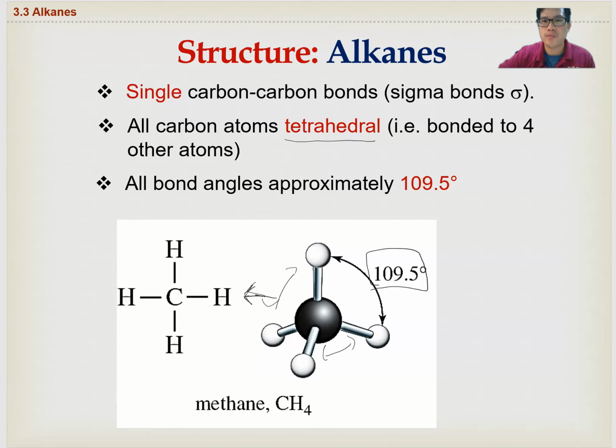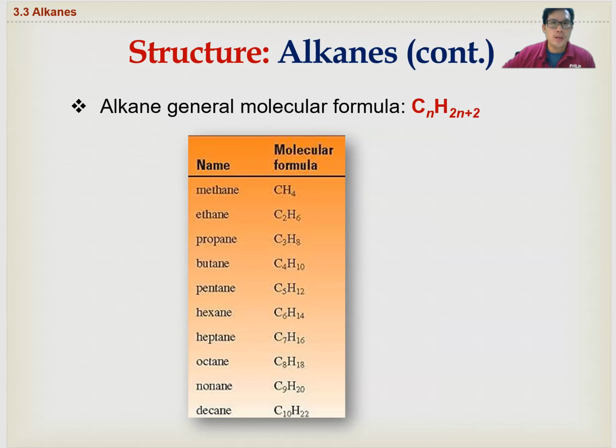There are a lot of alkanes. As the number of carbons expands, they will have more hydrogens. These are the names of them. This is the general formula, CnH2n+2. So if it's only one carbon, n is 1, so 2 times 1 plus 2 equals 4, so it will be CH4, methane.